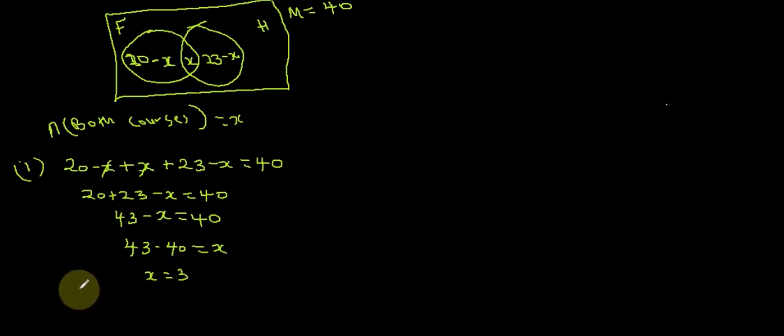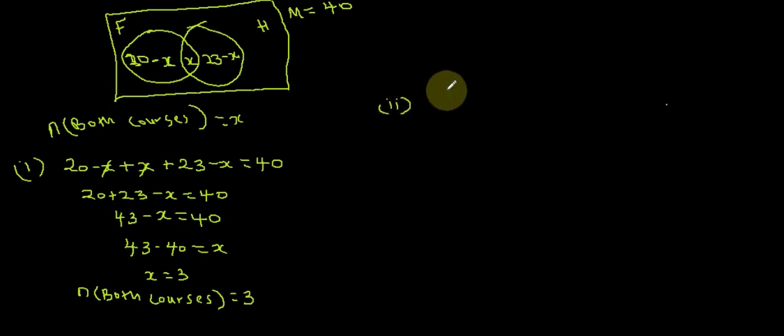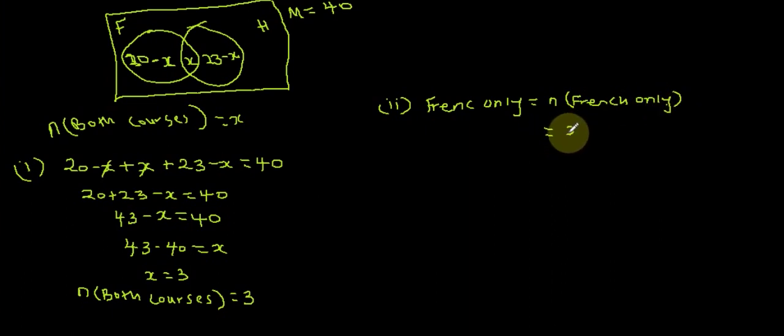So this is telling us that the number of people offering both courses is 3. Now we are asked to find the number of people offering French only. This can be illustrated as the number of people offering only French, and this is 20 minus X. So we know our X to be 3, so you do 20 minus 3.